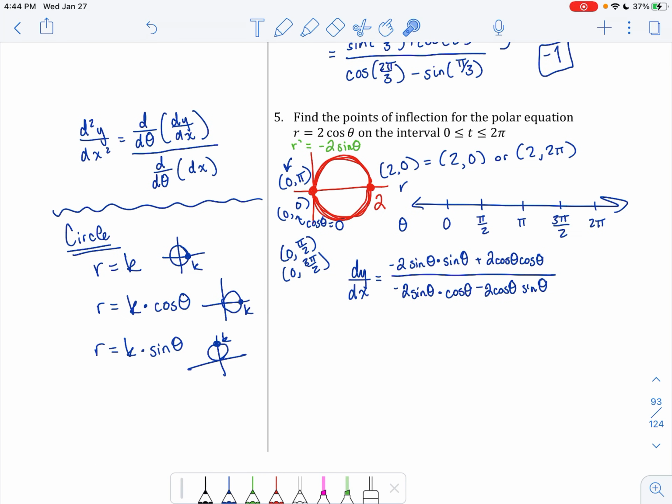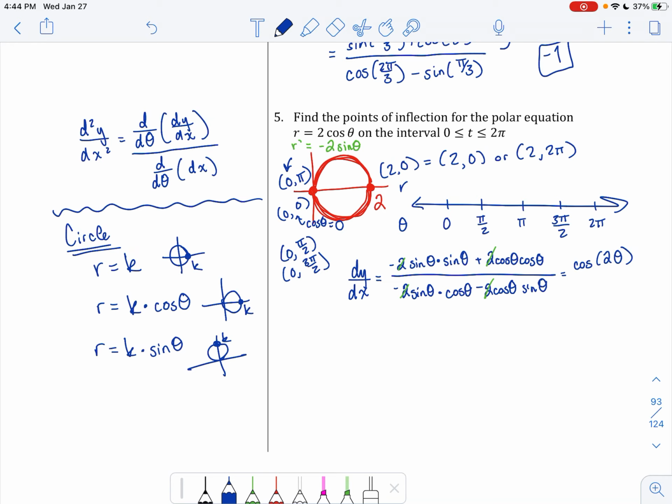I could jump straight to the second derivative here, but that's going to be abominable. I'm going to see if I can simplify it any farther. One thing I do notice is that every single term has a 2 on it, so I'm just going to cancel that out right away. I end up with negative sine squared plus cosine squared in the numerator, which is cosine of 2 theta.